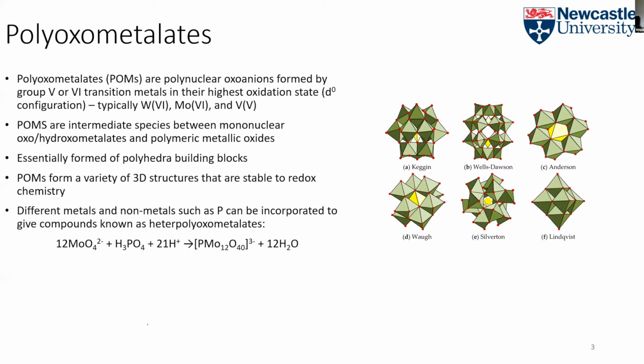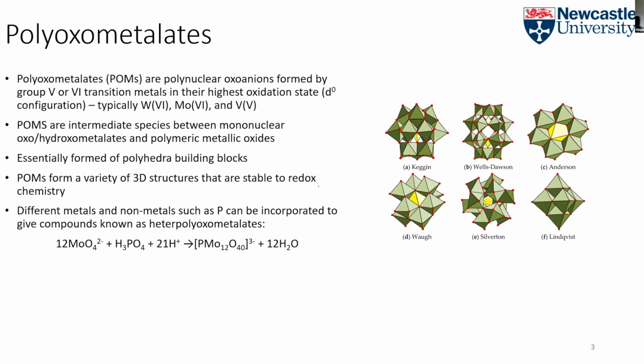They're an intermediate between mononuclear oxo or hydroxometallates and polymeric metal oxides. So they're not the semiconductor structure of nickel oxide or titanium or anything like that. They're not superstructures, but they're also not little tiny discrete particles either. They have quite a large extensive structure.